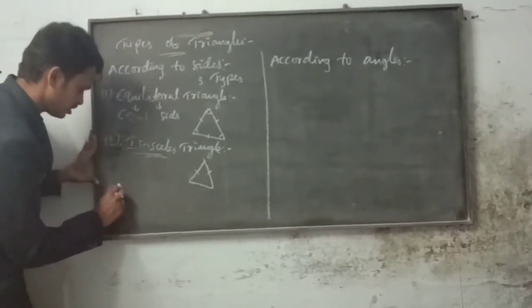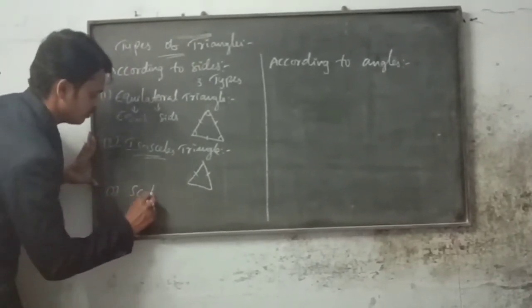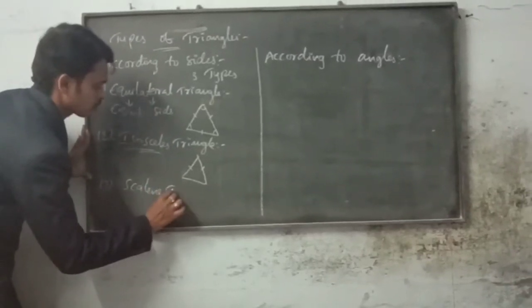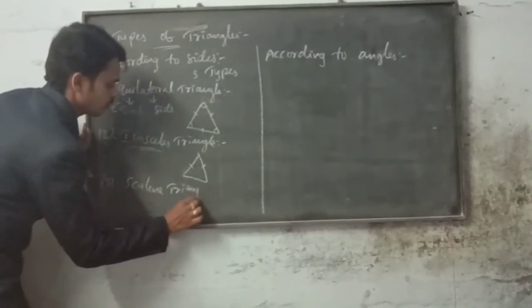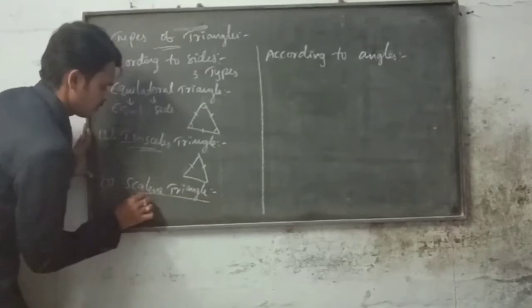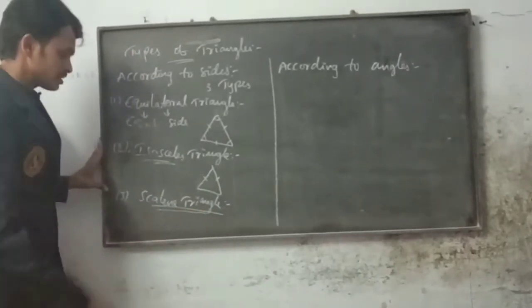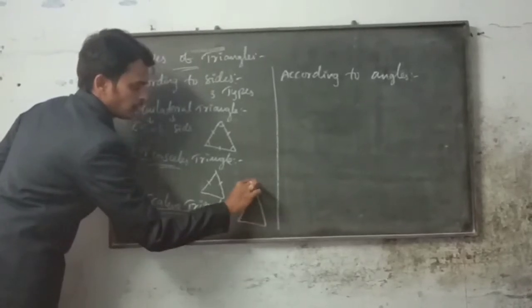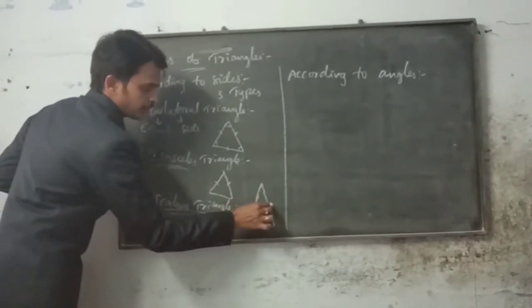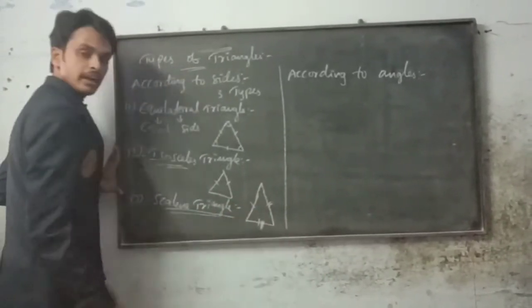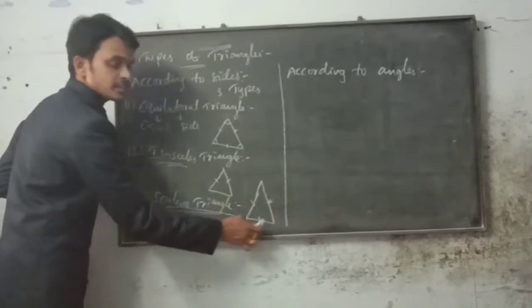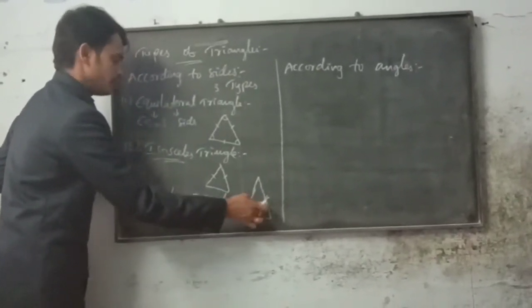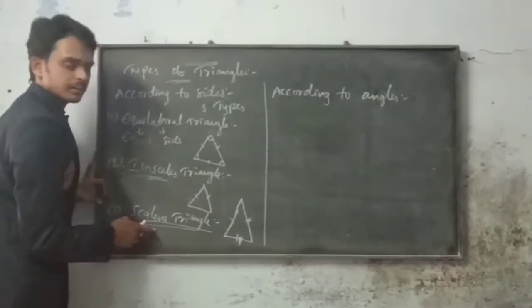Next, third one is a scalene triangle. A scalene triangle is a triangle with 3 different sides.